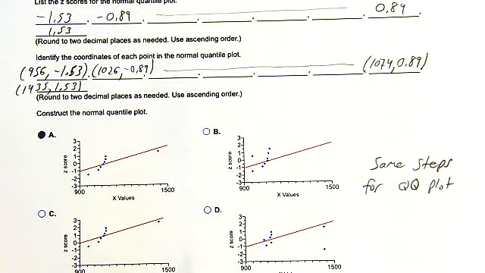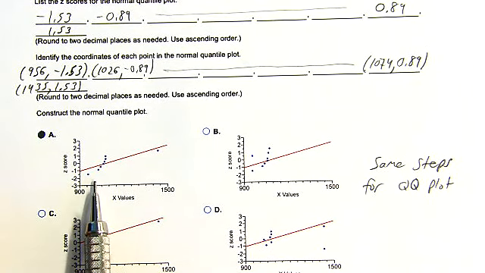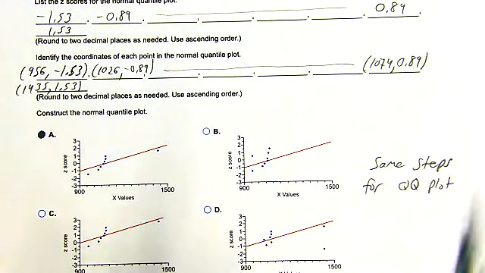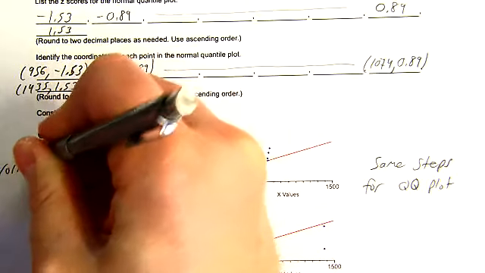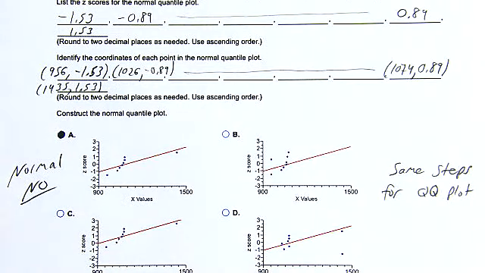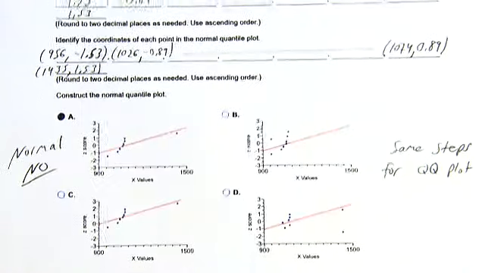And so hopefully all of us would say, what about this QQ plot? Is it normal? Good. So everyone's pretty much on board with no. They're not straight line enough. So we go down to our options. The no's have it. Let's get rid of the last two, which are yeses.